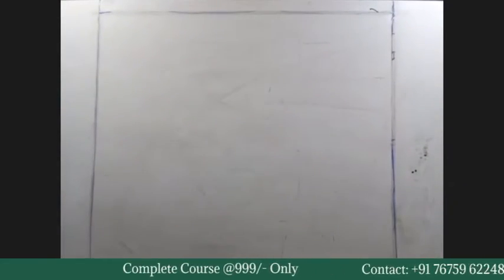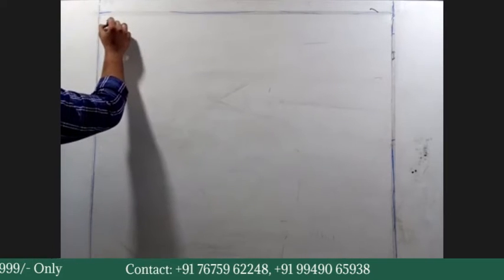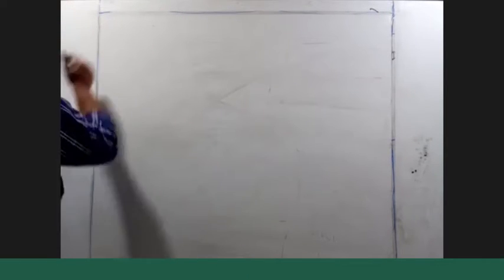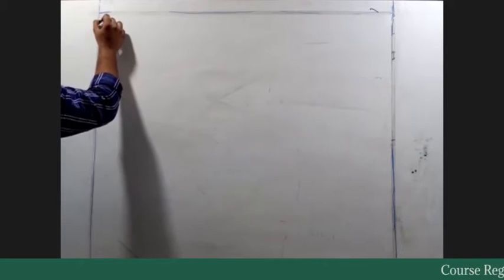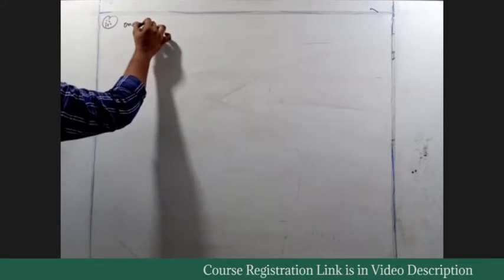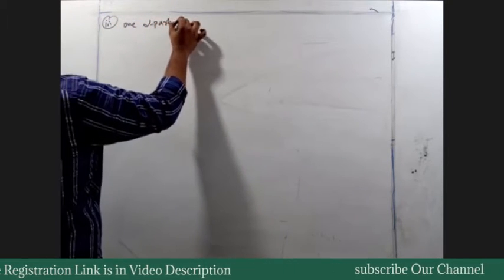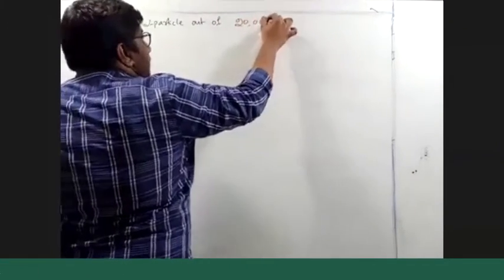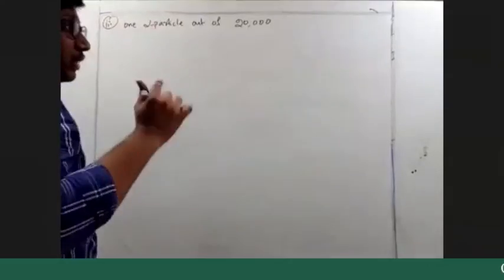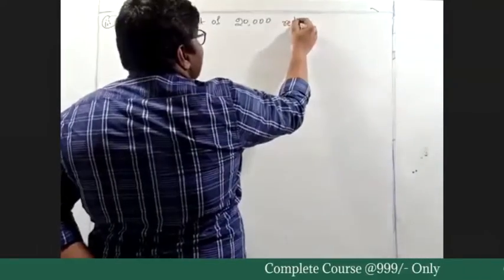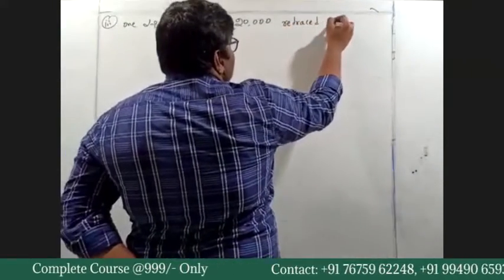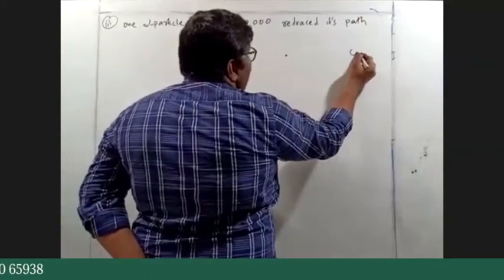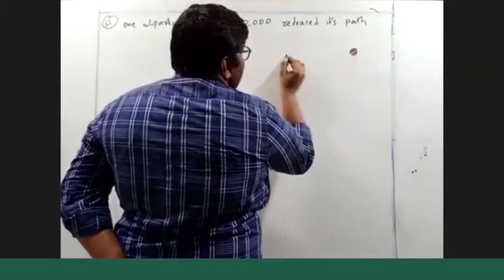So results. From Rutherford's experiment, the third observation: out of 20,000 alpha particles, only one particle retraced its path. What do you mean by this? The alpha particle is exactly approaching the nucleus, that is a proton.